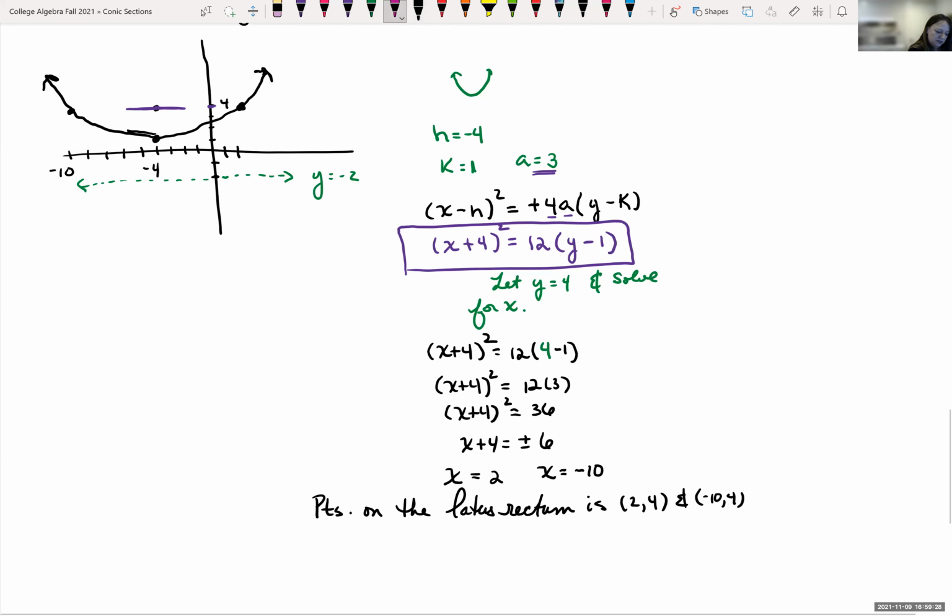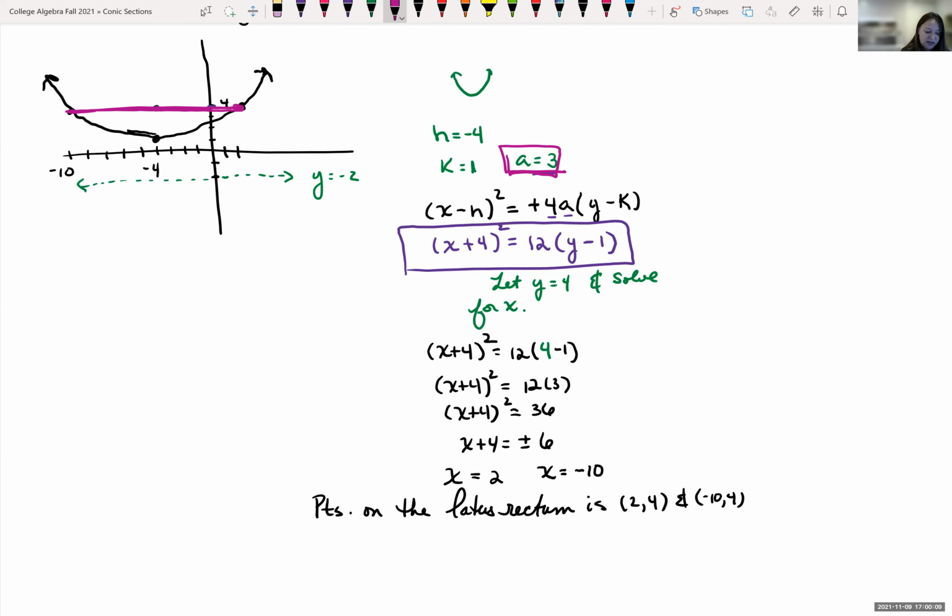I think we could also find it because when I was reading to you guys and I was saying the length of this line segment, I think I said it was always, let me read it back again. It told me that that length was always 4a. And so we found what a was, right? a was 3.